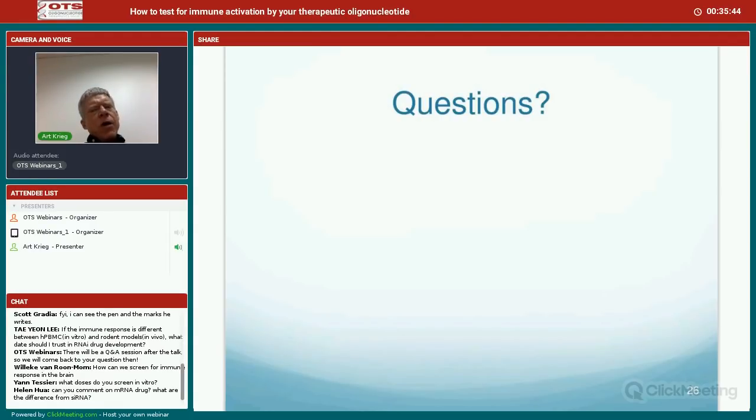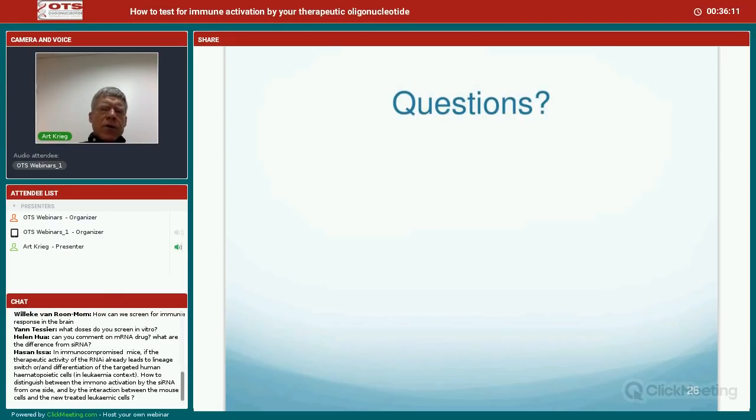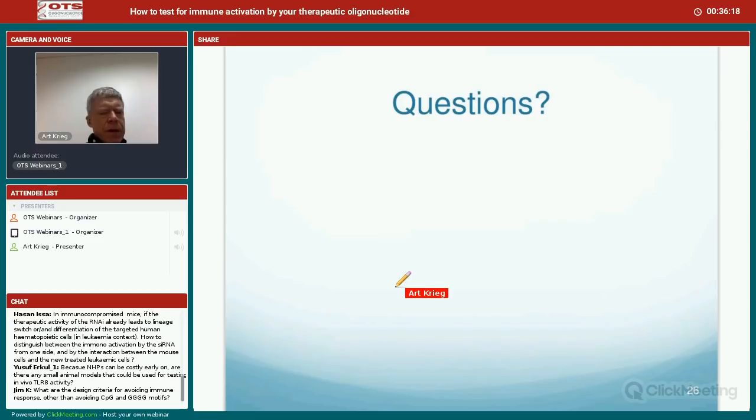I don't know of specific screens for CNS responses, but I would start with the same screens that we're performing here, because they should detect immune activation of your compound. And I think you'd want to avoid it in the CNS. And I think doing CNS preclinical work in non-human primates as well as rodents would also help to reduce toxicities.